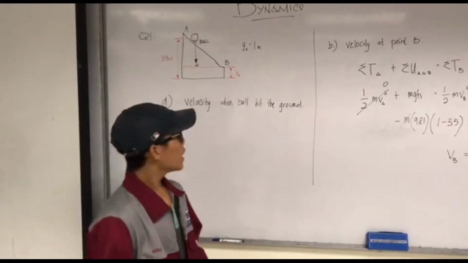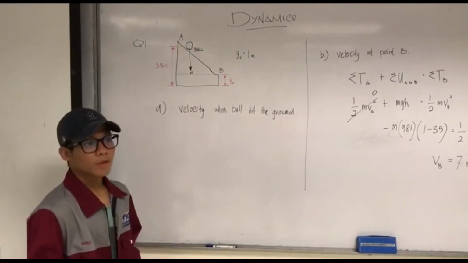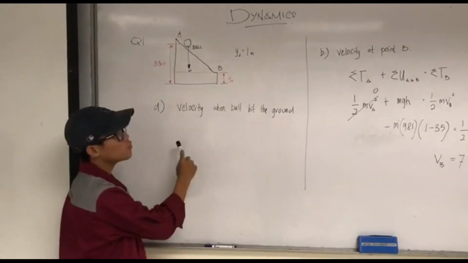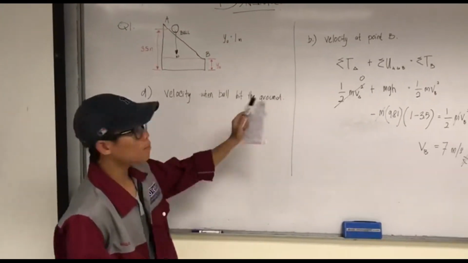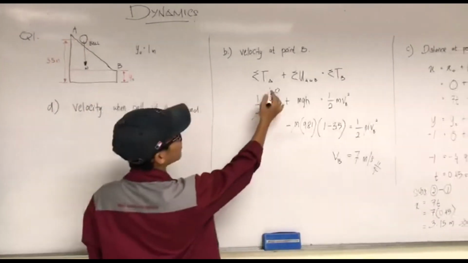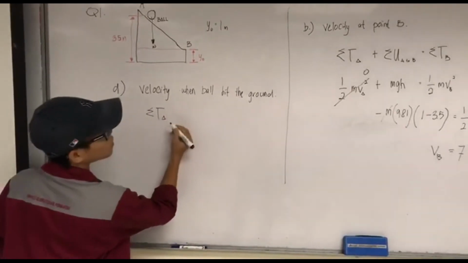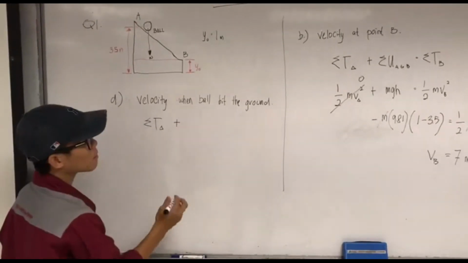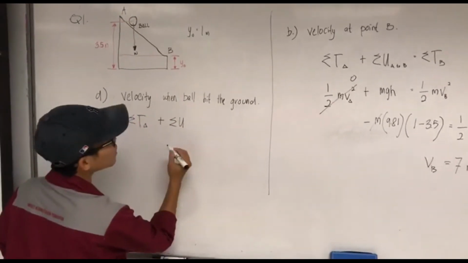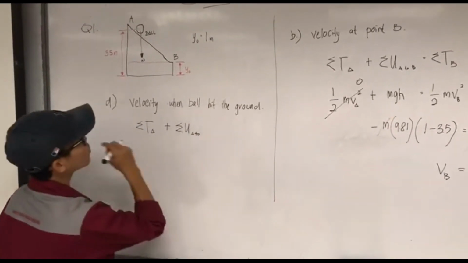So as we know, when we solve for the velocity, we use the same equation as in question B. The equation is the same: using kinetic energy at A plus work done from A to the ground.